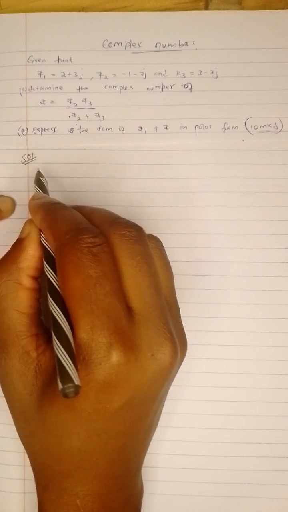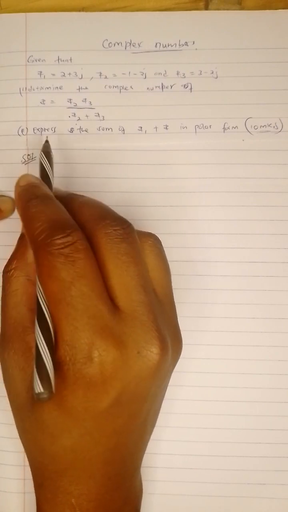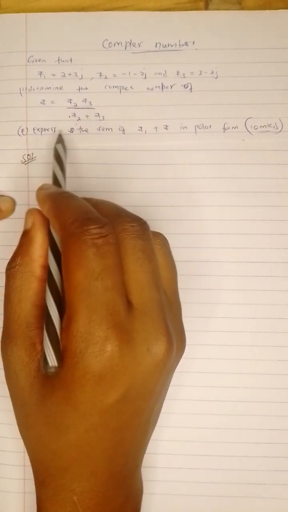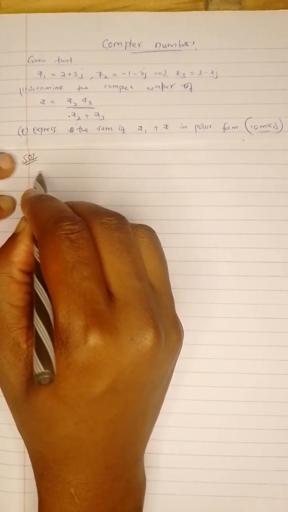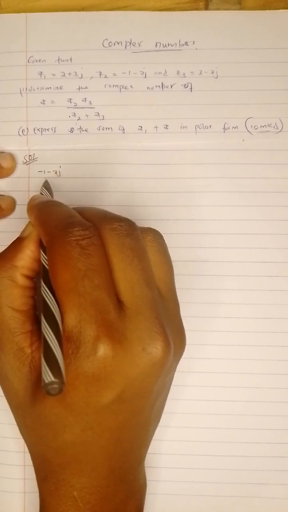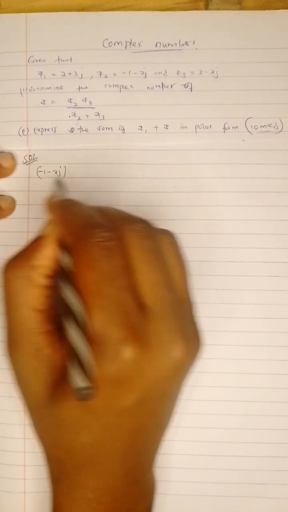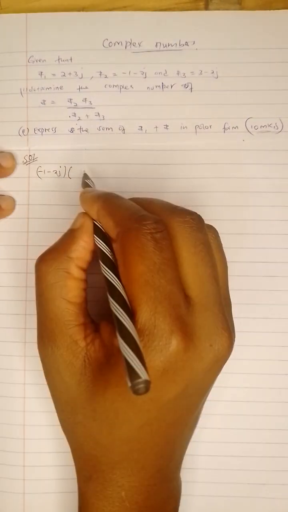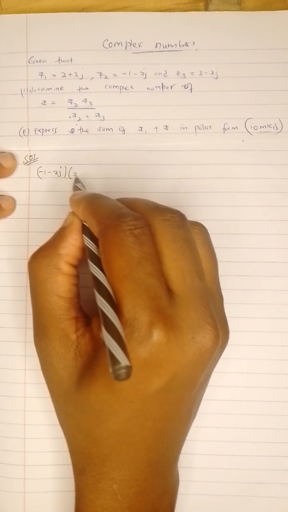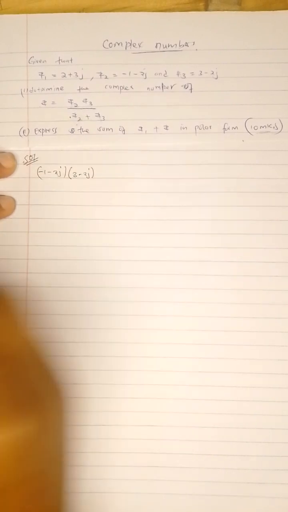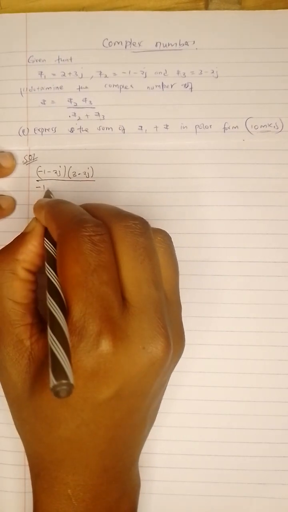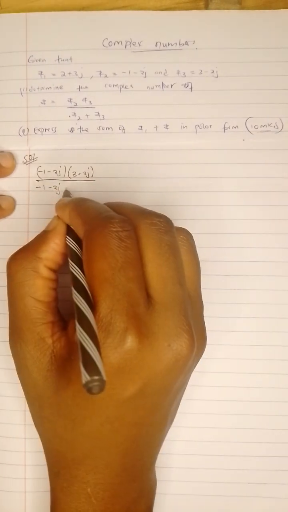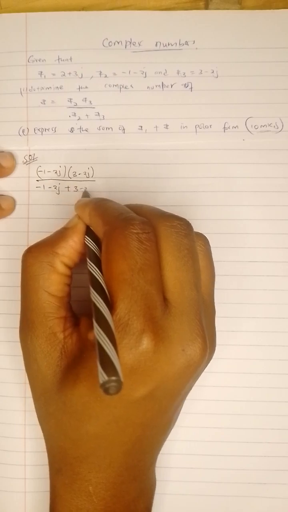So the working should be like this. I'm going to replace here with z2 being negative 1 minus 2j, multiplied by z3, which is 3 minus 2j, over z2, which is minus 1 minus 2j, plus 3 minus 2j.